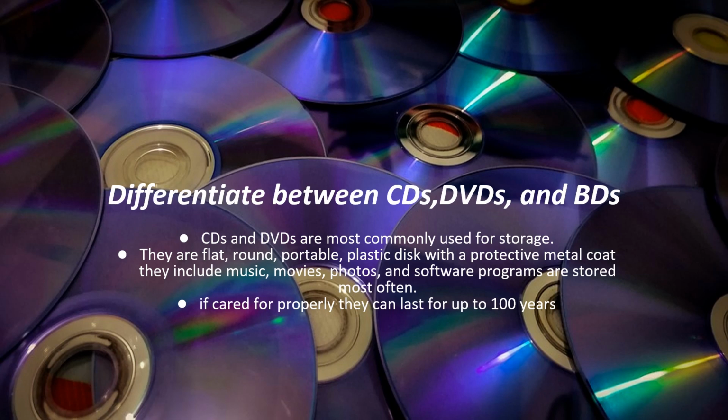They are flat, round, portable plastic discs within a protective metal coat. They most often store music, movies, photos, and software programs. If you take care of them, CDs and DVDs can last more than 100 years.